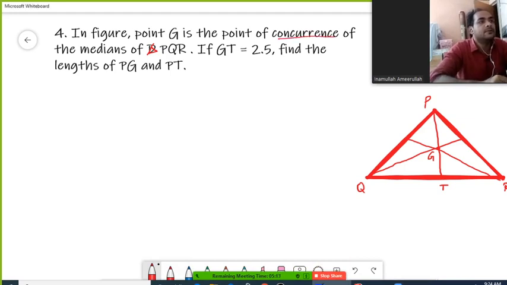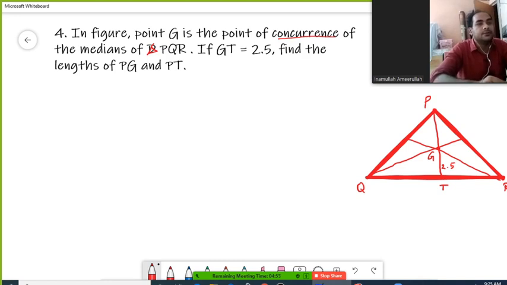Point of concurrence means it is the centroid of the triangle. If GT is 2.5, so this length GT is 2.5. Find the length of PG and PT.